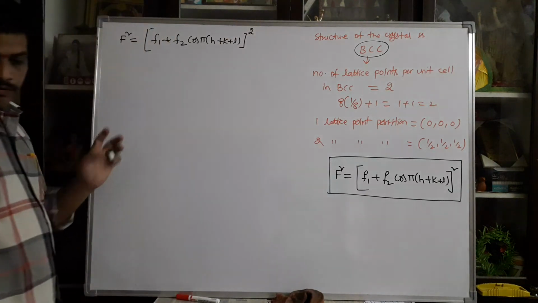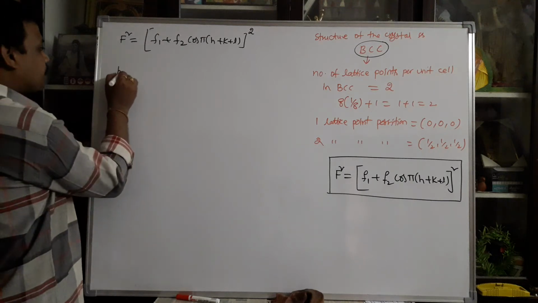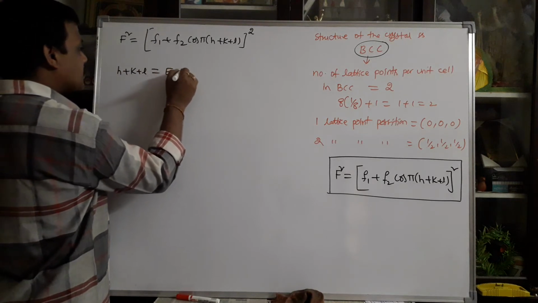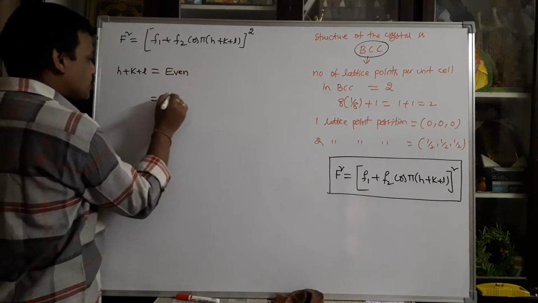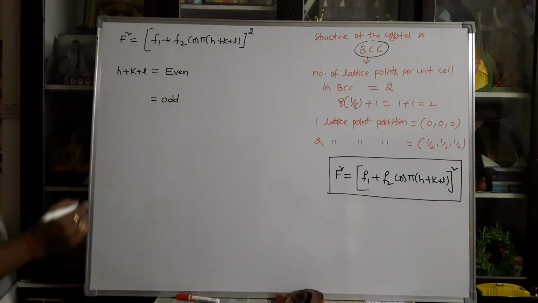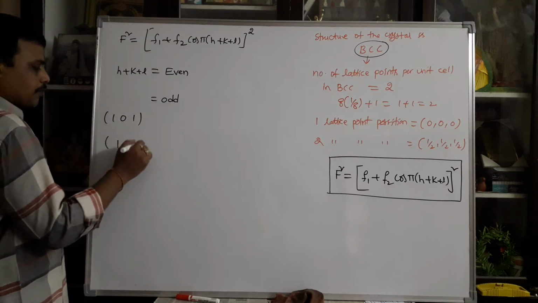Depending on the value of h plus k plus l, sometimes you get the result even, sometimes odd. Suppose you take the 101 plane and the 111 plane.